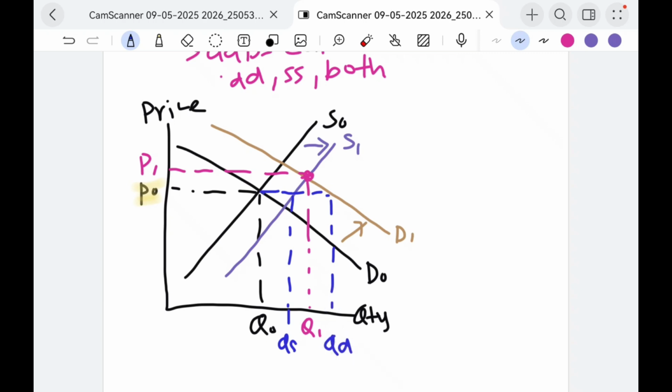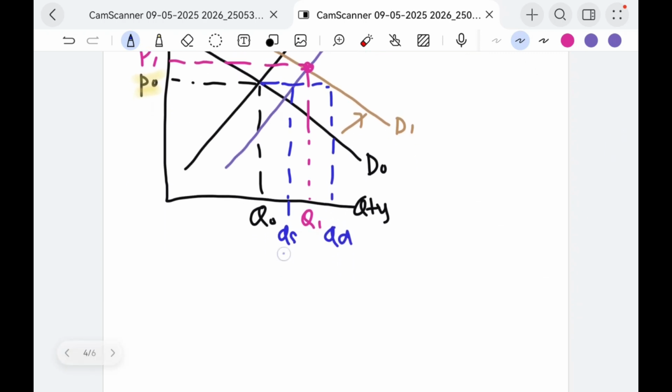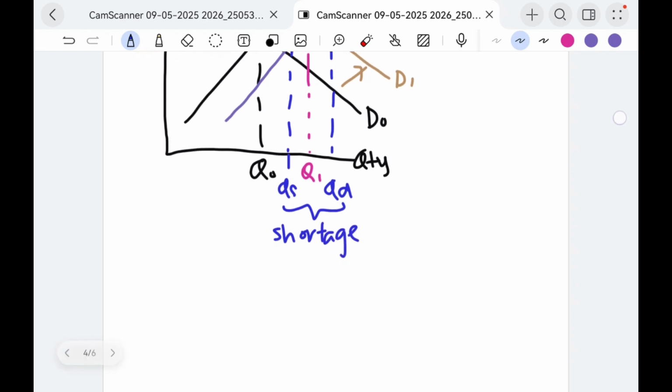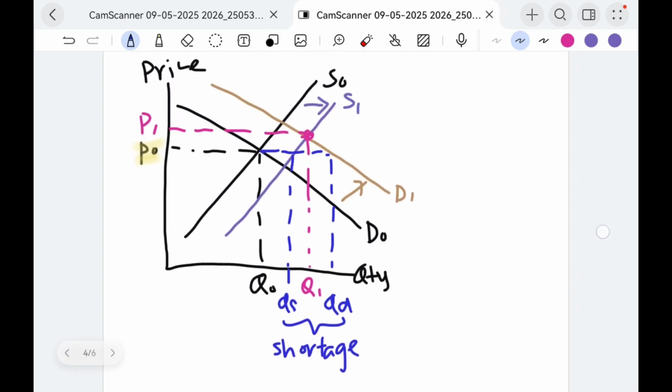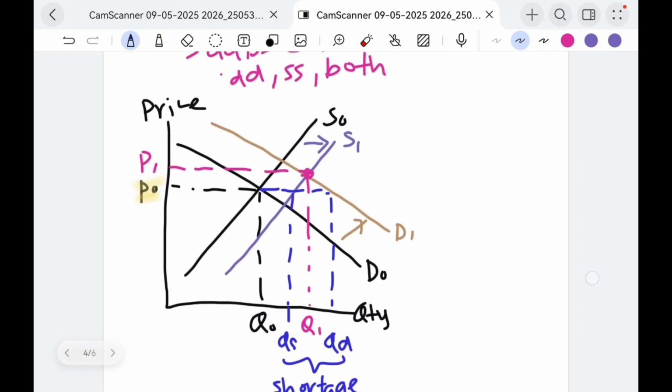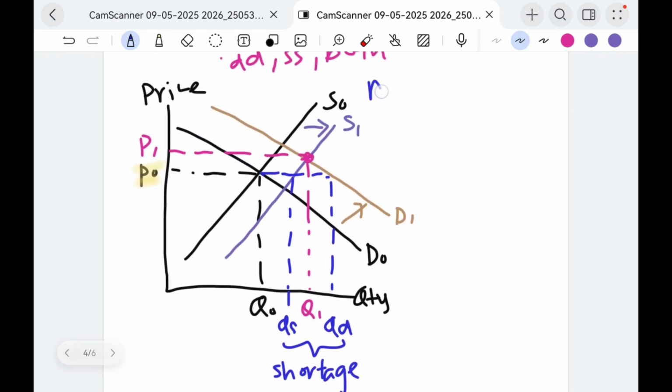So again, there is a problem of shortage because my QD is more than QS. So what happens here? When there is a shortage, there is an upward pressure on price. So you say at P0, your QD is more than QS and there's a shortage.